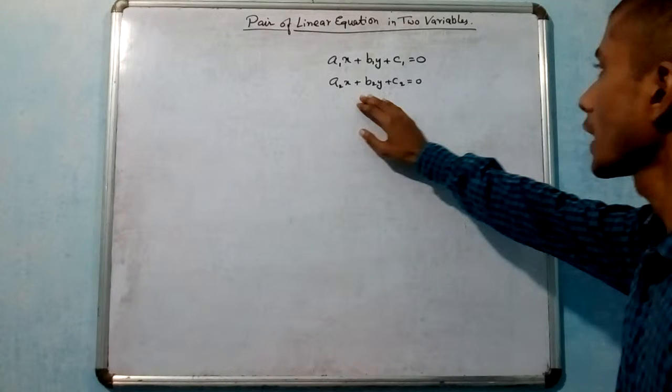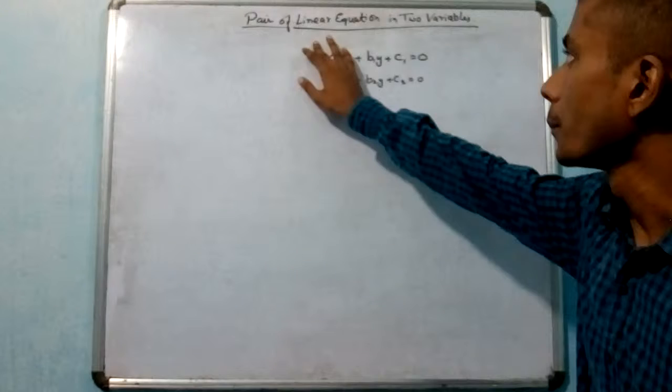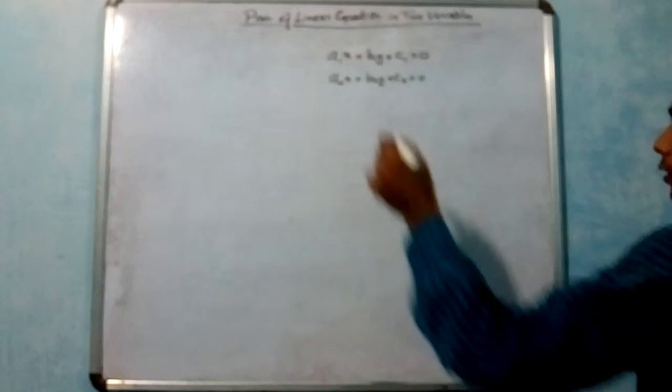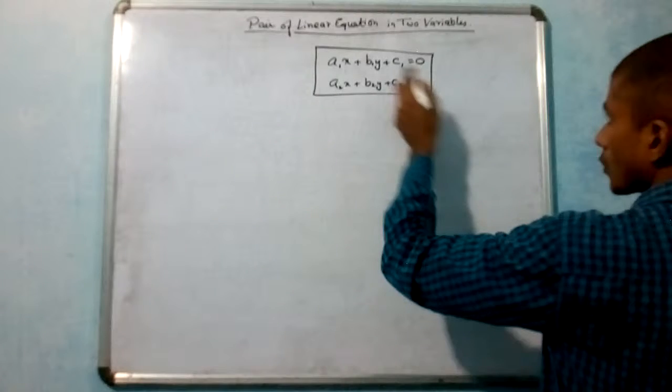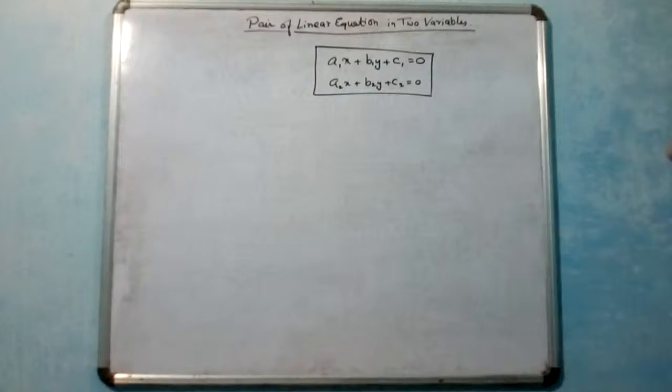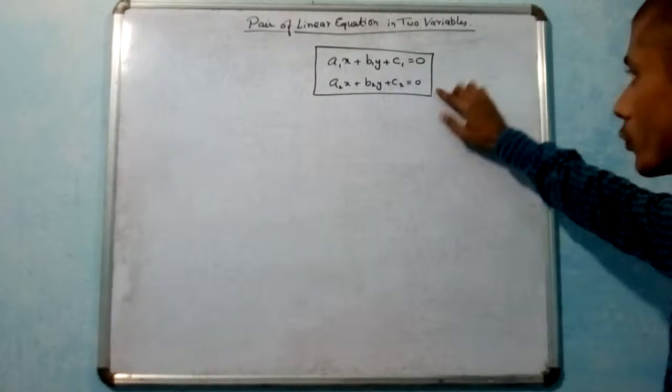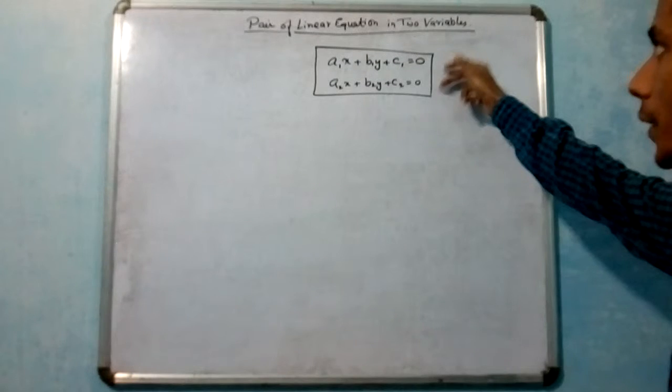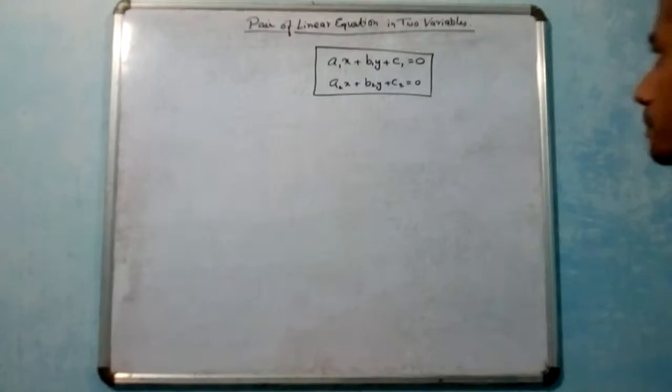So what do we actually mean? This pair of linear equations is, as a whole, a single pair. They are together, not separate. So we have to discuss them together. So what do we mean by the solution of the pair of linear equations in two variables?